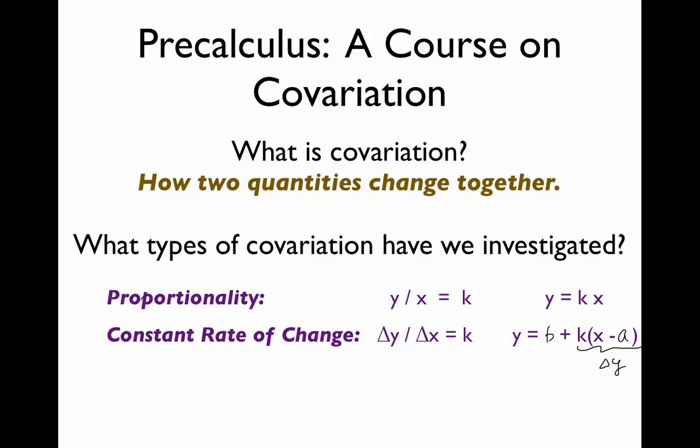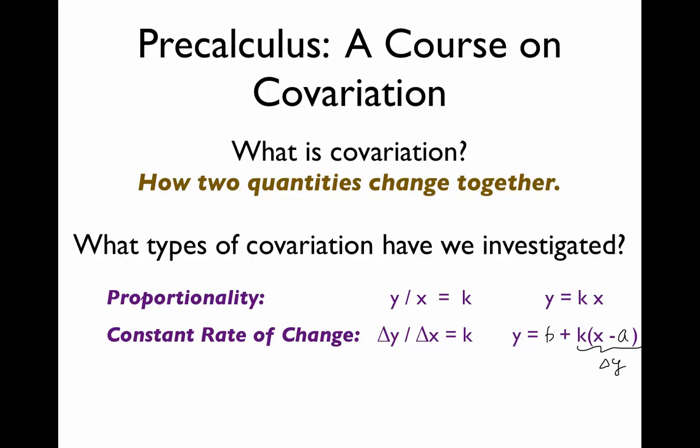Okay? What other type of covariation have we investigated? Exponential. Hopefully we're all thinking that. We just spent two or three weeks on it. And what maintains a constant ratio in exponential growth?